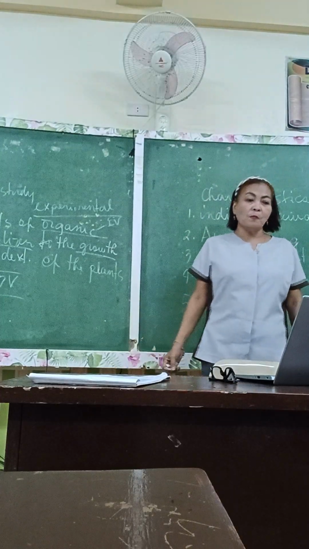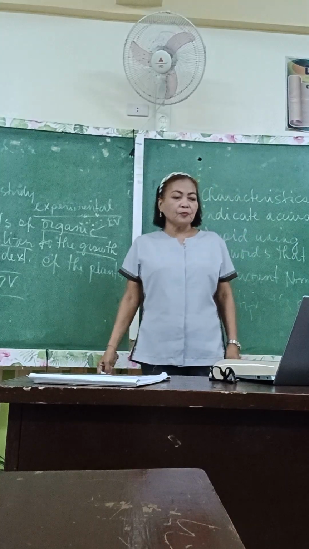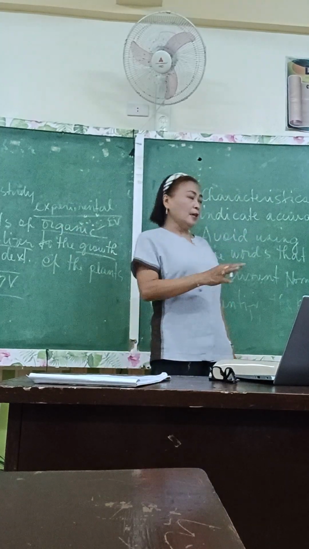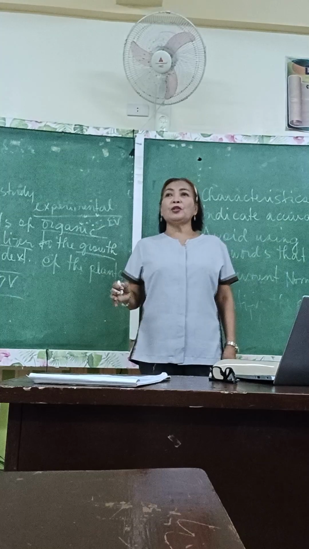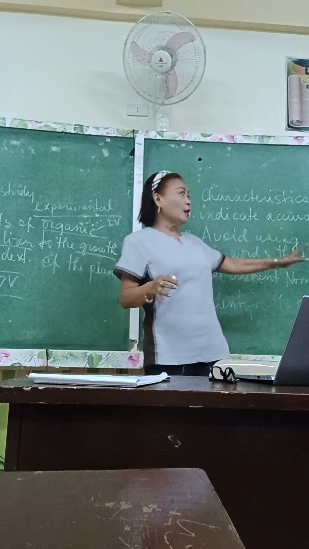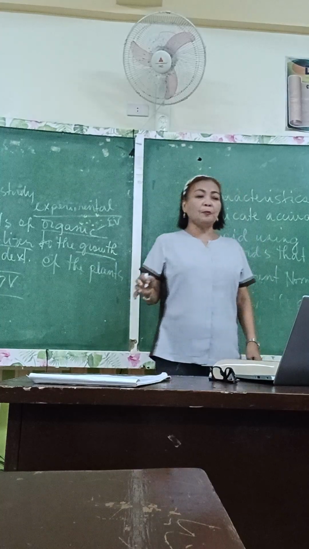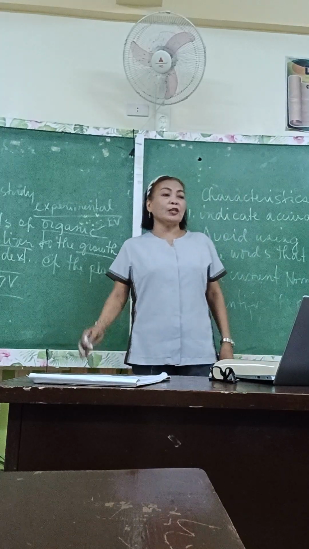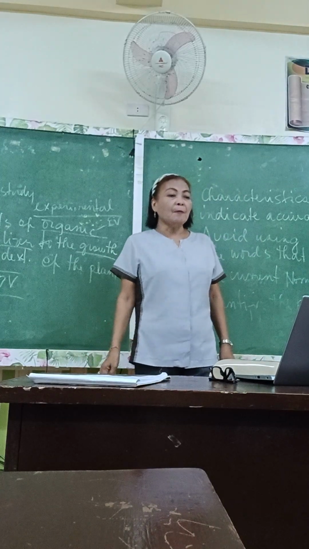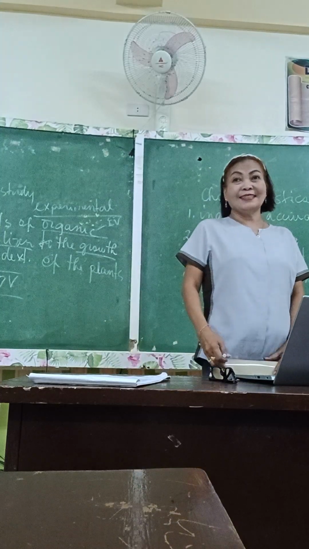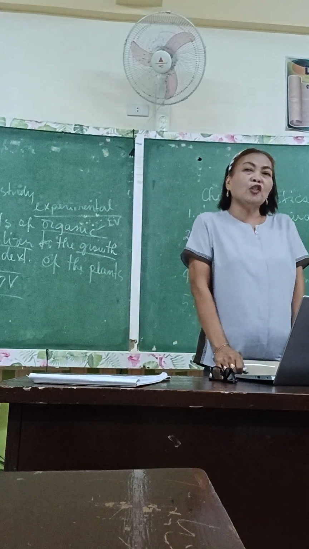It's okay. Okay? So another thing that you have to consider, aside from these five, in writing the research paper, is to suggest a relationship between variables. Ano ba yung relationship nila?